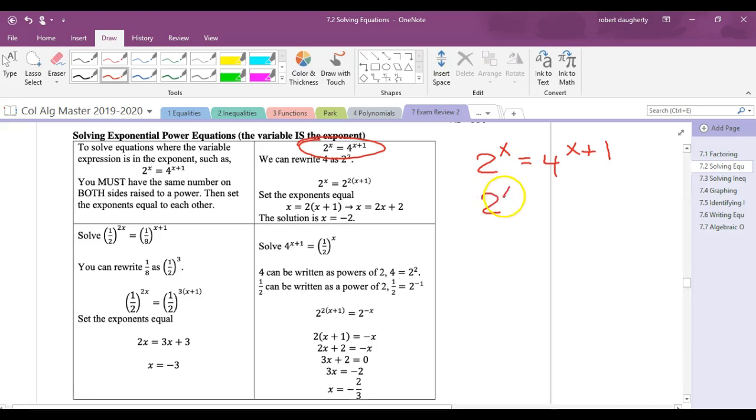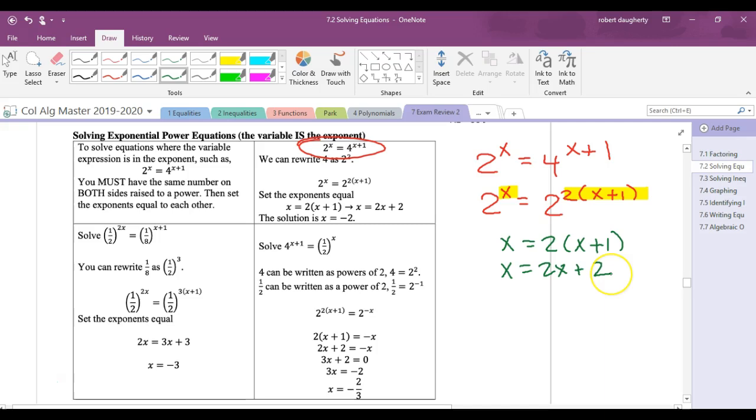So I can rewrite this as 2 to the x equal 2 squared to the x plus 1, okay? So now I've got the same number on both sides. These exponents have to be equal to each other. So x has to equal 2 times x plus 1, which means x has to equal 2x plus 2.